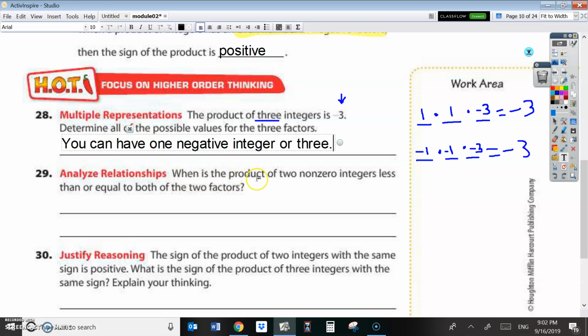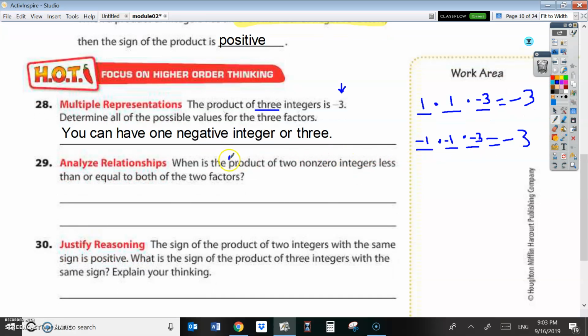When is the product of 2 non-zero integers less than or equal to both of the factors? So think about this. The product has to be less. So if we do negative 3 times 2, it equals negative 6.